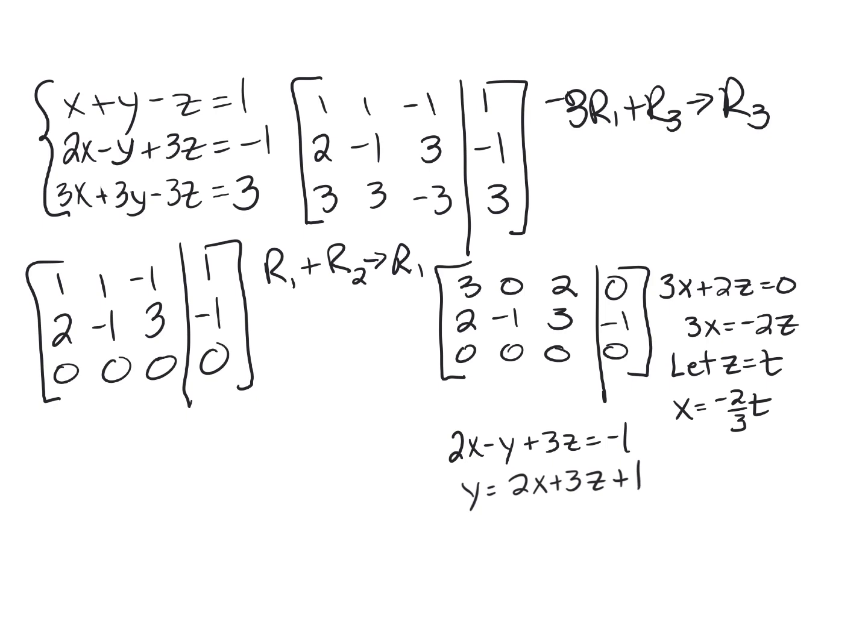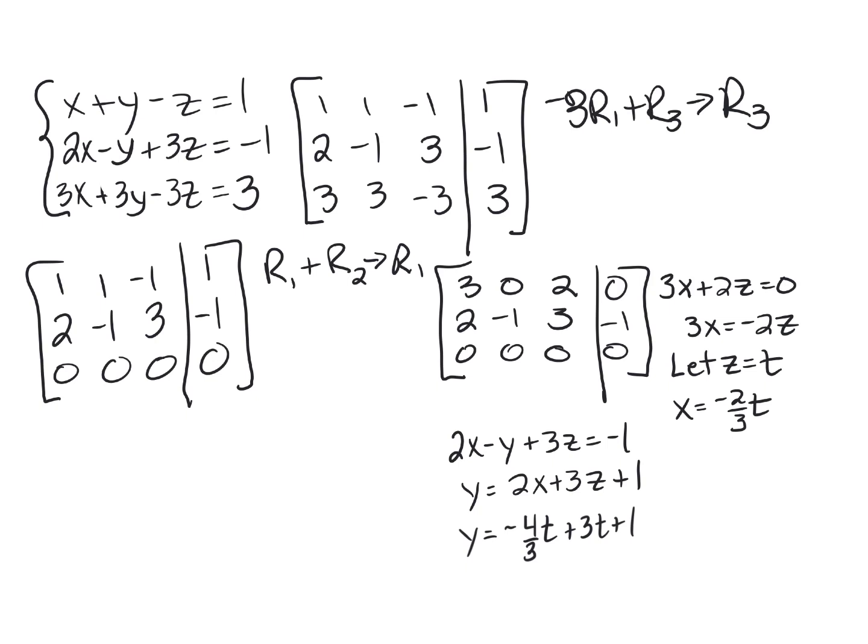So I'm going to plug in the stuff that I found over here, the t for the z, the fraction times t for the x, and let's see what happens. I get y equals, x is minus 2/3 t, multiply that by the 2, z equals t, so plus 3t plus 1.